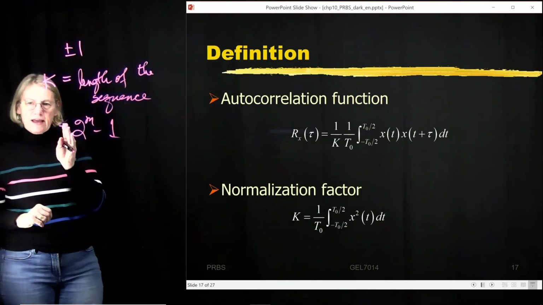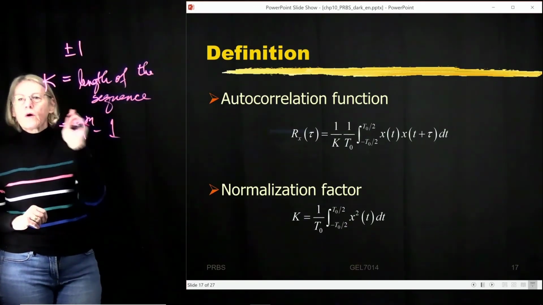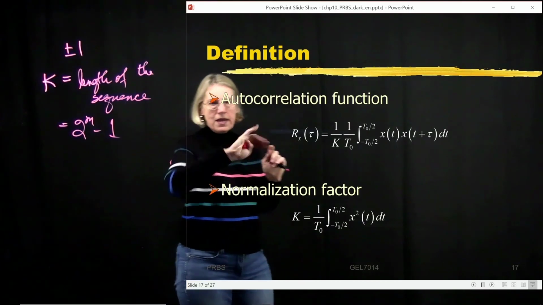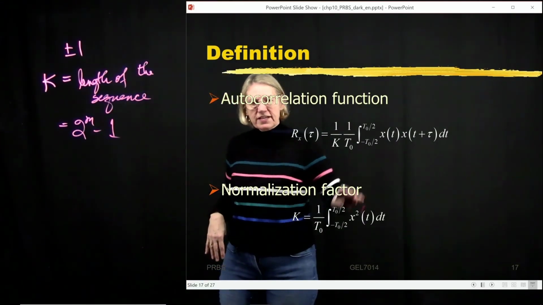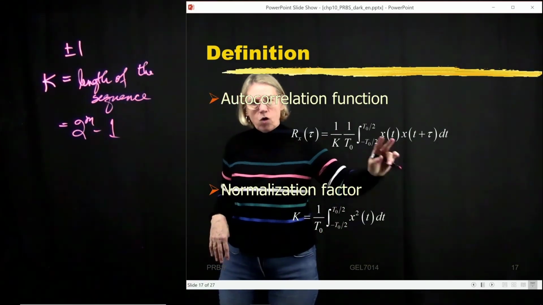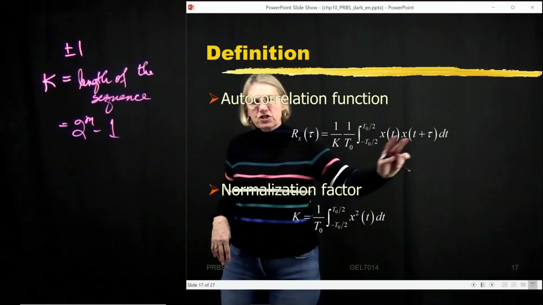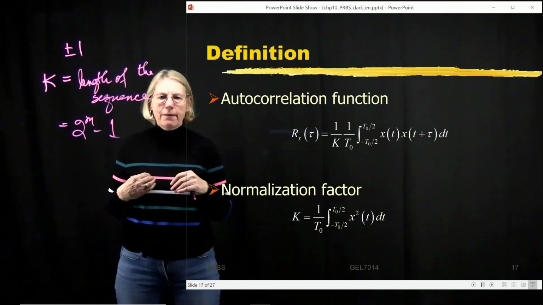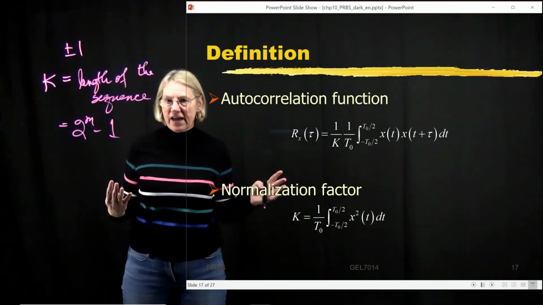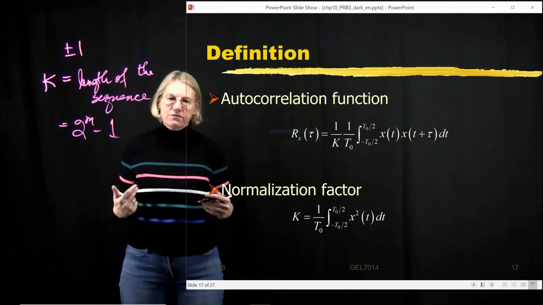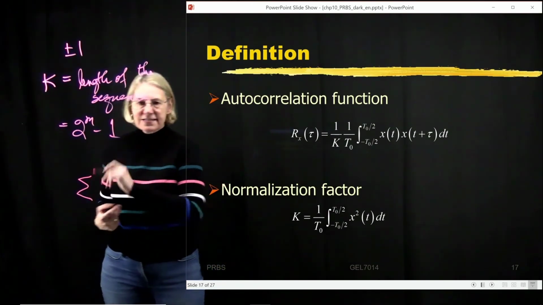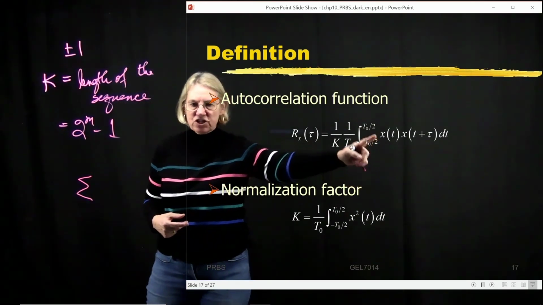So now I'm going to use this to normalize my autocorrelation function. In this case, I'm going to do the exact same operation, only I'm going to take the function multiplied by a delayed version of itself, and integrate over that. And this discrete version that I'm going to show you now is really like summing instead of integrating.